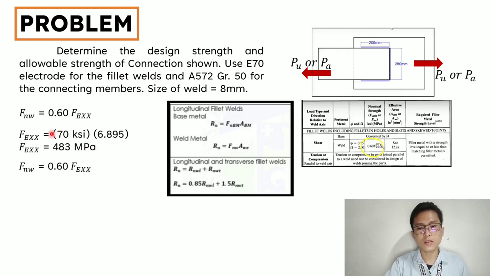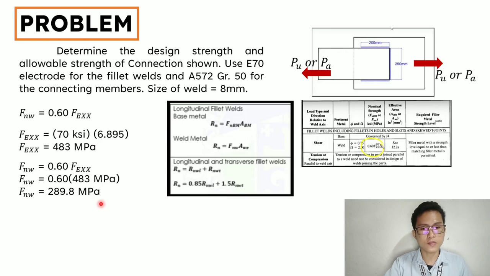Now we can substitute the value that we got in this equation. So F sub NW is equal to 0.60 multiplied by 483 megapascal, and we will get 289.8 megapascal. We will be using this value in order to solve our problem.